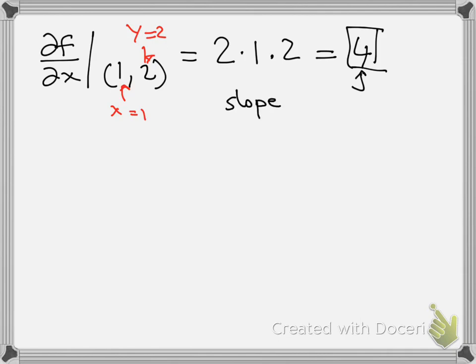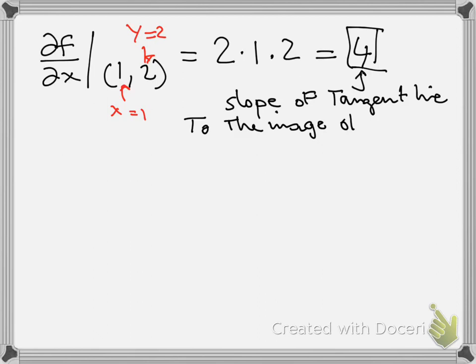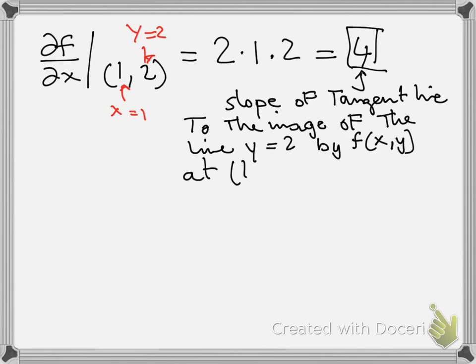So 4 is the slope of the tangent line to the image of the line y equal to 2, here because y is fixed, by the function f of x, y at the point 1, 2, f of 1, 2.